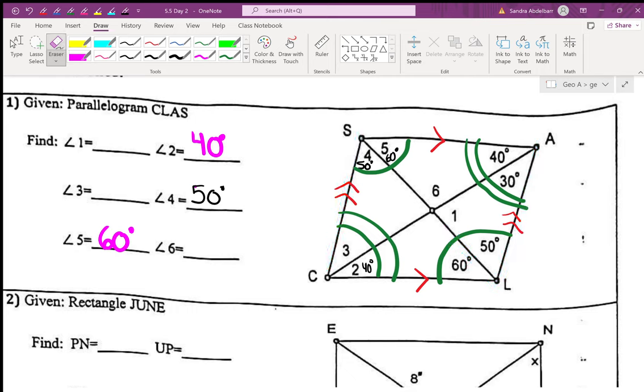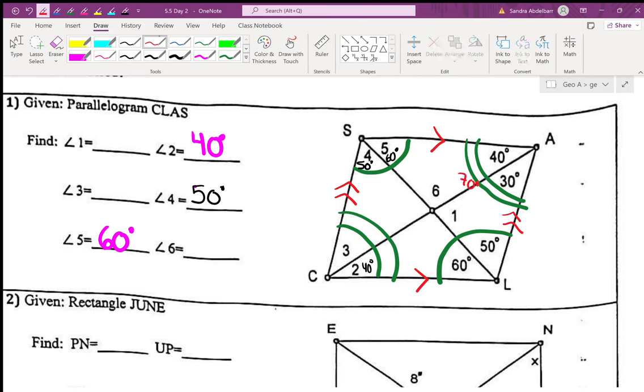Okay, does anybody see any other angle we can find? Good. Did you do a Z? Oh, I love that. Okay. So here, we know the opposite angles are congruent, right? Since all of angle A has to be how big? 40 plus 30, which is 70.